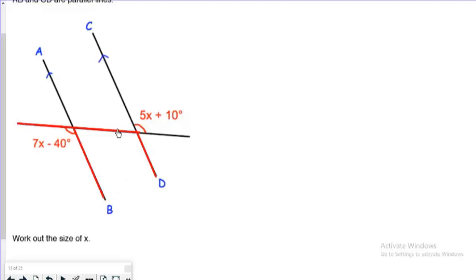So this angle and this angle are corresponding. But there's no angle over here, so we need to borrow the idea of vertically opposite angles to bring this angle to this side so that we can apply the corresponding angles. So let's do that.